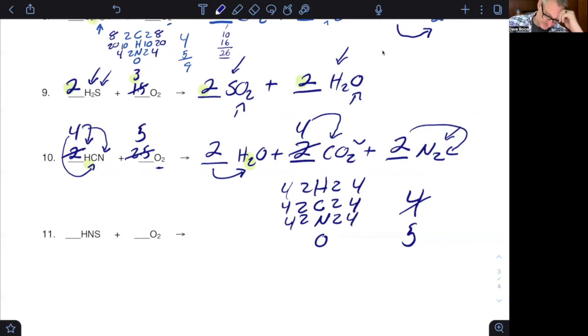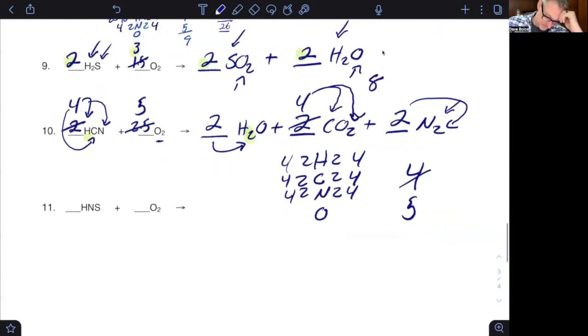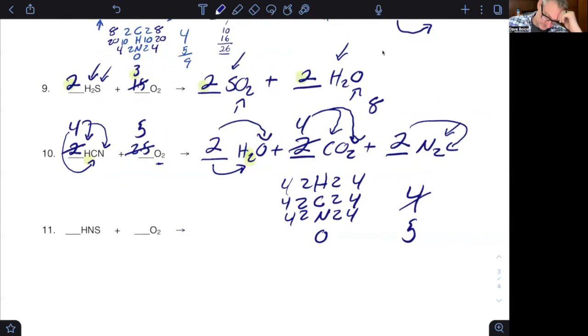And then our oxygen, 4 times 2 is 8. So we have 8 there. And then in our water, we have another 2, so 10. And 5 times 2 is 10. So we have 10 oxygens on both sides. And so we're good to go. So our balanced equation is 4, 5, 2, 4, and 2.